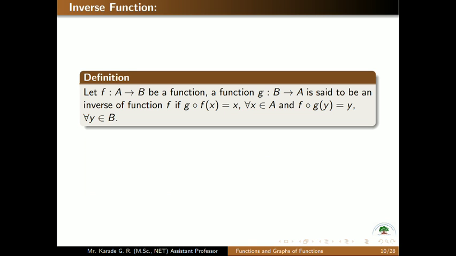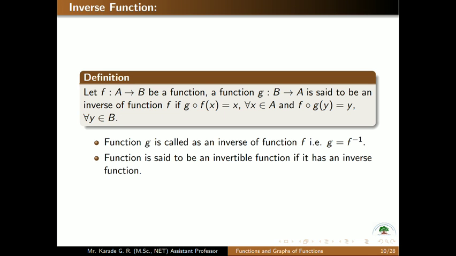A function g from B to A is said to be the inverse of function f if g composite f of x equals x for all x belongs to A, and f composite g of y equals y for all y belongs to B. Function g is called the inverse of function f, that is, g equals f inverse.